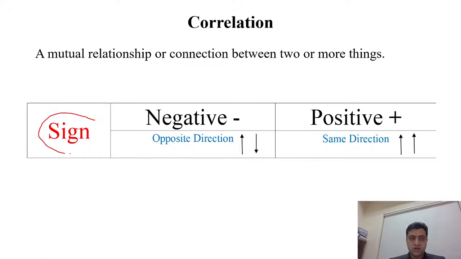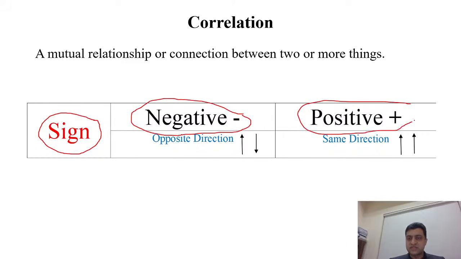First of all, you will get a sign with the value of correlation. You may have a negative sign, or you may have a positive sign associated with your value. If there is a negative sign, we mean that by increasing one thing, the other thing is decreasing.